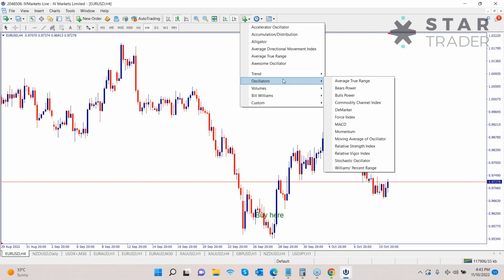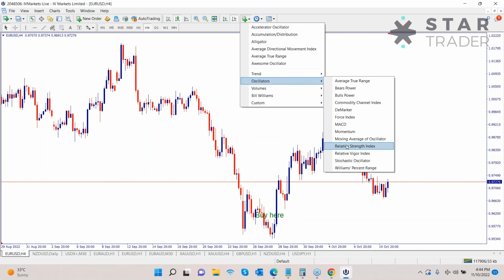These are more accurate than any other online charting service. We have MACD, force index, DeMarker, bulls power, bears power, everything. We have moving averages, we have the relative strength index. You can use any indicator according to your strategy because we have a lot of indicators over here.